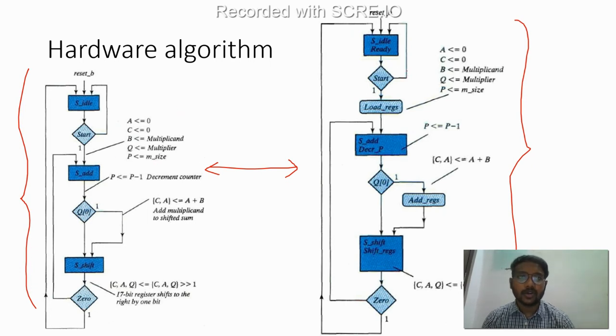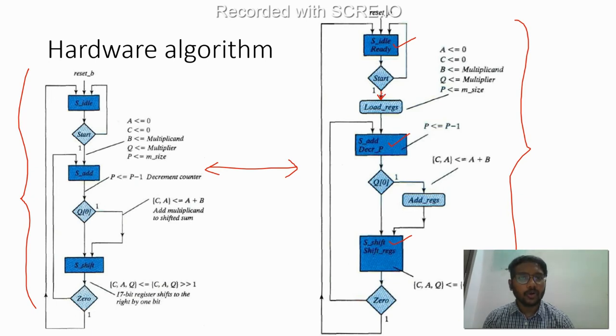So let us directly look at this right side ASM chart, where we have three states, right? As we already looked into, the idle state, the addition state, and the shift state, correct? You should go from the idle state to the addition state whenever your start signal is 1. So this is the decision box.